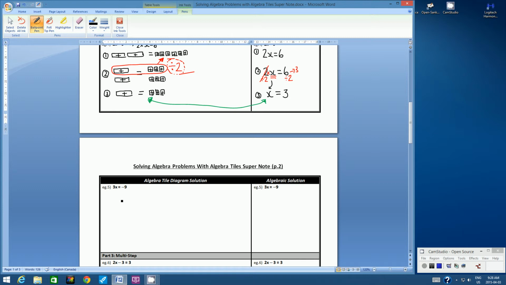3x equals -9. All right, step 1, I would like you to draw the question, please. Don't worry about any grouping, just do it kind of as if you didn't know what to do. Okay, so we've got 3 long rectangles.